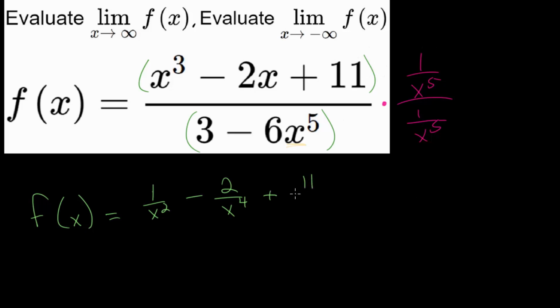The 11 would just go in the numerator, and that will be divided by x to the fifth. In the denominator, we will have 3 multiplied by that, which is 3 over x to the fifth. And when we multiply minus 6x to the fifth by 1 over x to the fifth, all of the x's cancel out, and we just get minus 6.